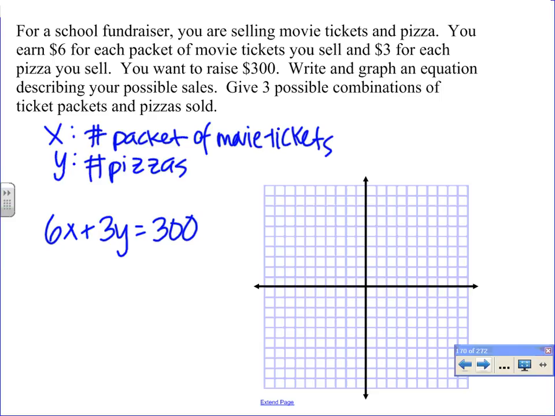If I wanted to graph this, what would I have to do first? Right, so x-intercept and y-intercept. So you guys, on your piece of paper or wherever, find out the x and the y-intercepts.